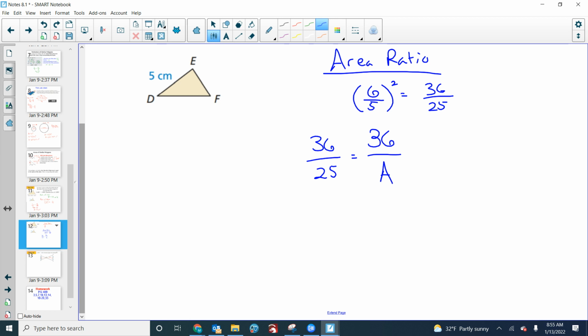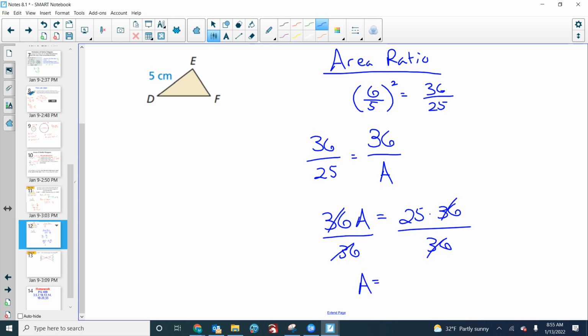All right, I'm going to show you a little mental math trick. Cross multiply: 36A equals 25 times 36. I bet a lot of us went to our calculator to type that in. Did you guys go to your calculator to type that in? But look what happens. I didn't multiply it out because what am I going to divide by? 36. And what happens when I divide by 36? That cancels out.